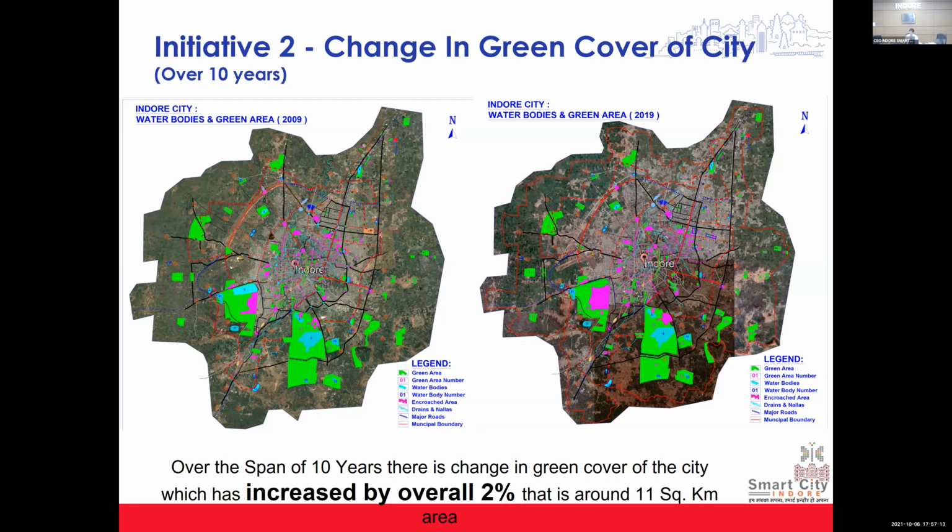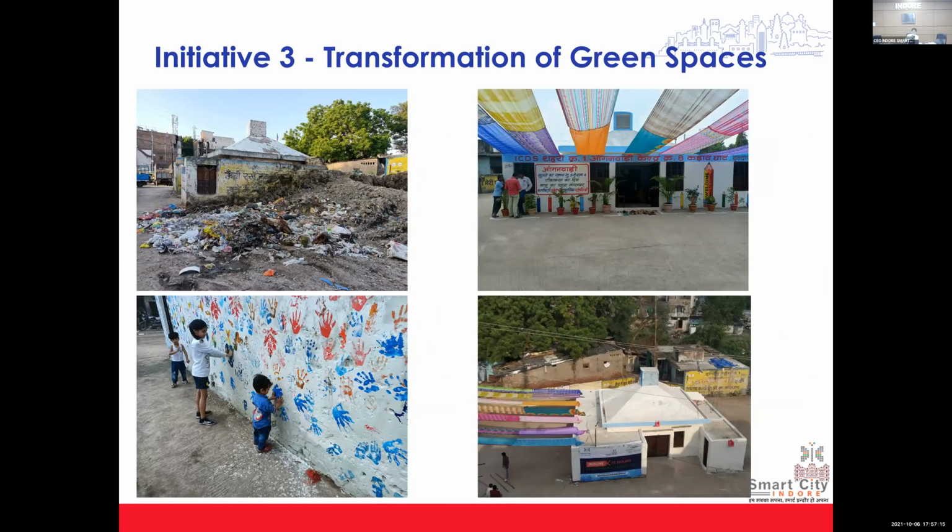Coming to the third initiative, again, this is something we often brag about. We are basically changing whole localities. The dead spaces, what we can see in the photo on the top left, this was the initial place. It was basically an Anganwadi.